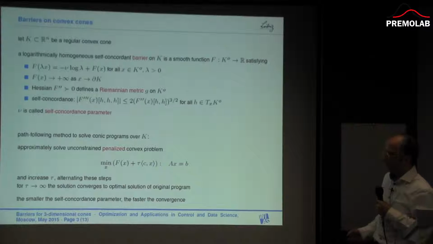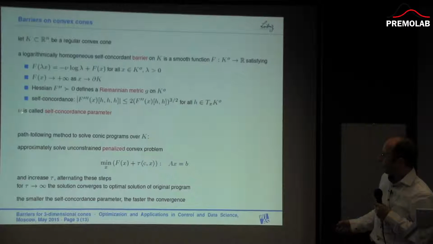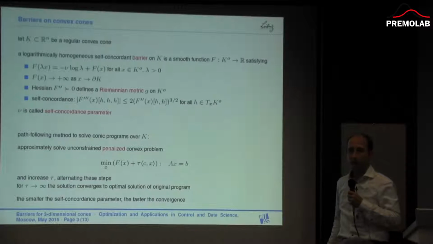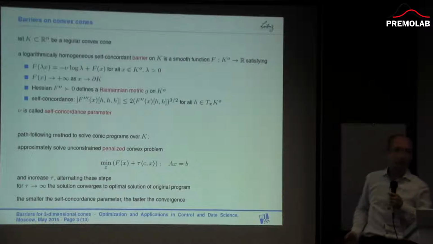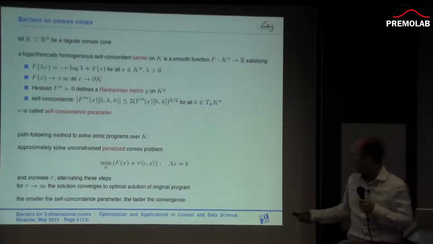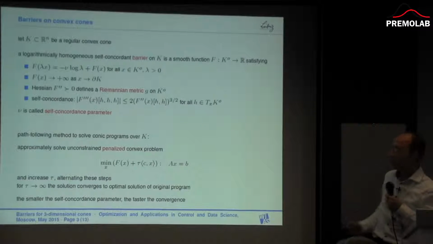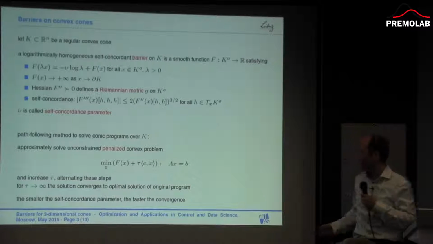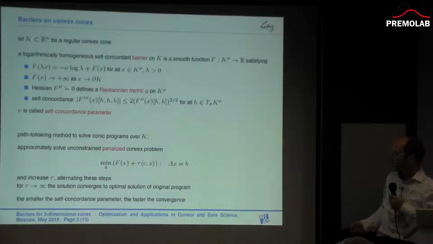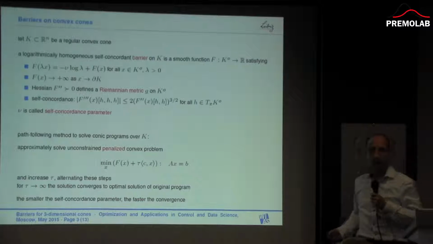Okay, and this parameter here, this factor, determines the speed of convergence of the solution of this unconstrained problem to the solution of the constrained original problem. And here, the smaller this parameter, the faster is the convergence.